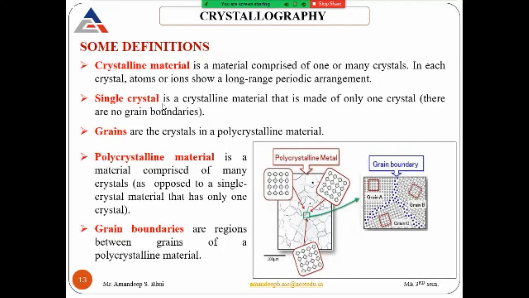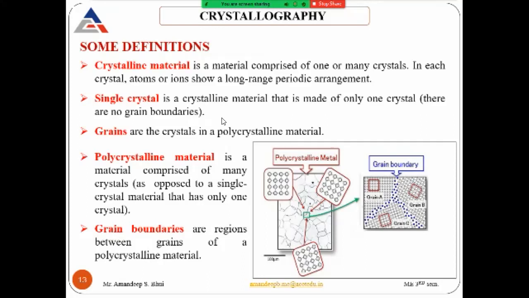So in polycrystalline metal, the orientation of the crystals or the grains is ordered but in different orientation to one another. Okay. So if you see this grain A, B, and C, the orientation, that is the unit cell orientation, is in different directions, and these regions are separated by these grain boundaries. The region that separates one grain from the other is known as the grain boundary.